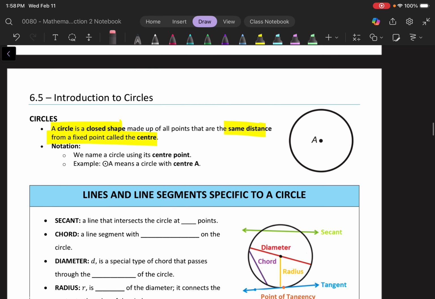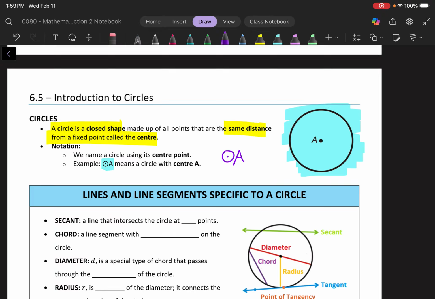Now, when we name circles, we name them using the center point, and it will look like this. If I were naming this circle here, I would name it Circle A, using a circle with a point in the middle of it and the capital letter A. This would be the notation I would use to refer to Circle A. Oftentimes a circle will be introduced to you in a question.